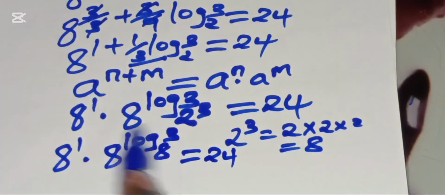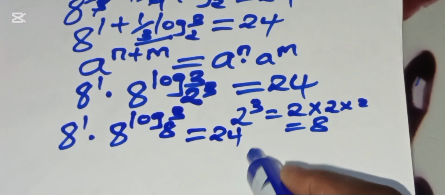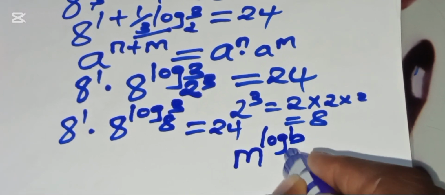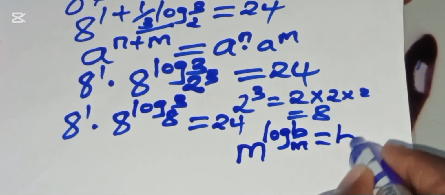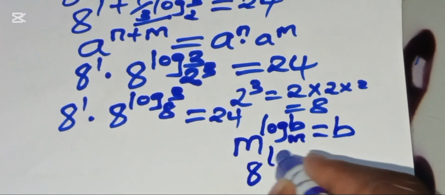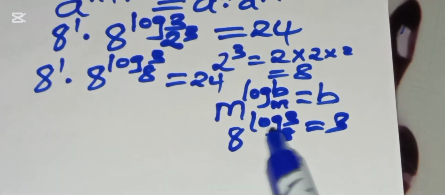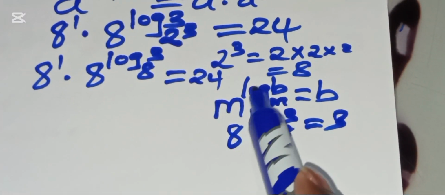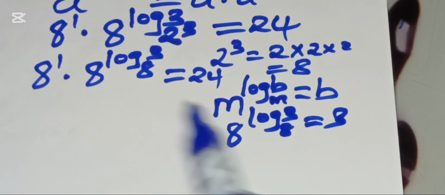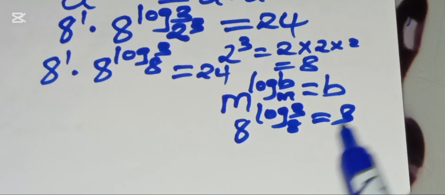Now from what we have here, 8 raised to power log 3 to base 8 is in the form of m raised to power log b to base m, which is basically equal to b. So 8 raised to power log 3 to base 8 is equal to 3.